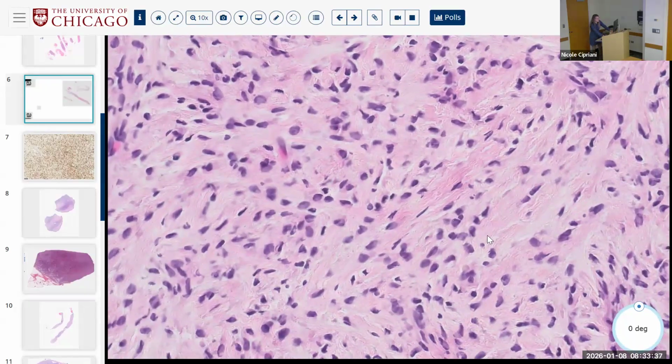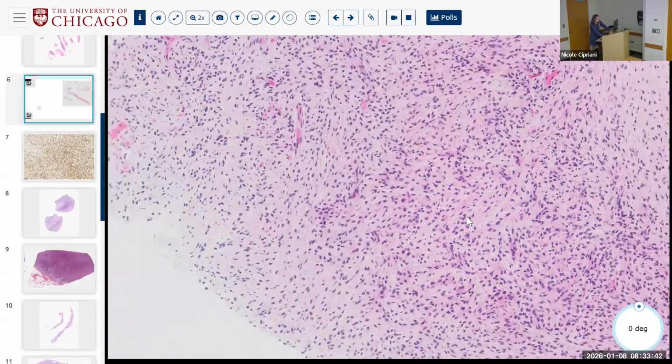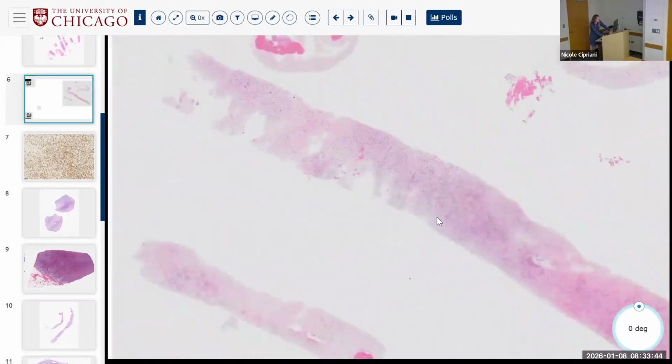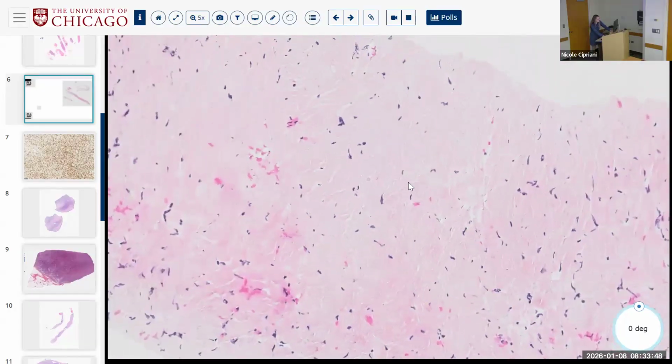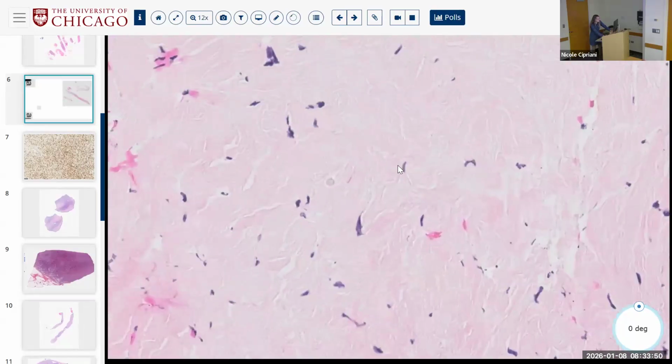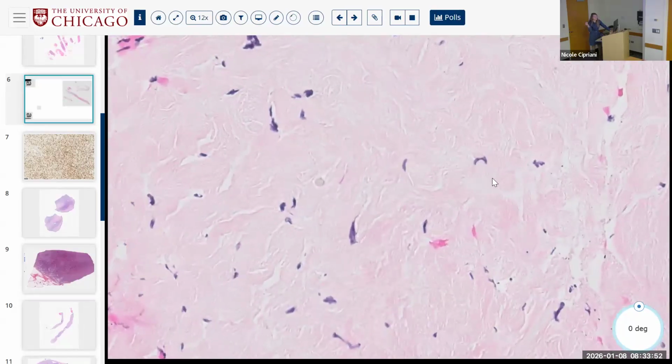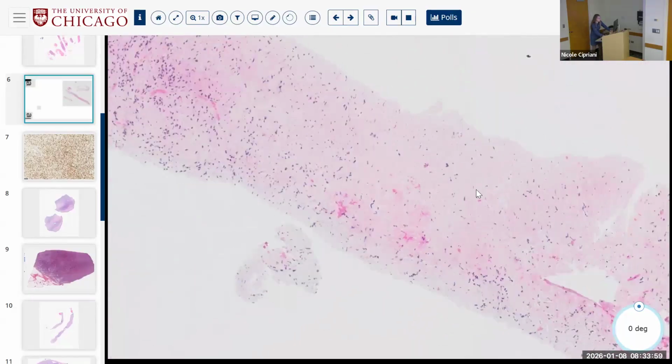What is this ropey stuff in the background? This is collagen, not necessarily part of the cells. This is background collagen. And these paler areas are arguably a little bit collagen, but also have that bluish characteristic like we discussed in the prior tumor, which is maybe a little more myxoid.